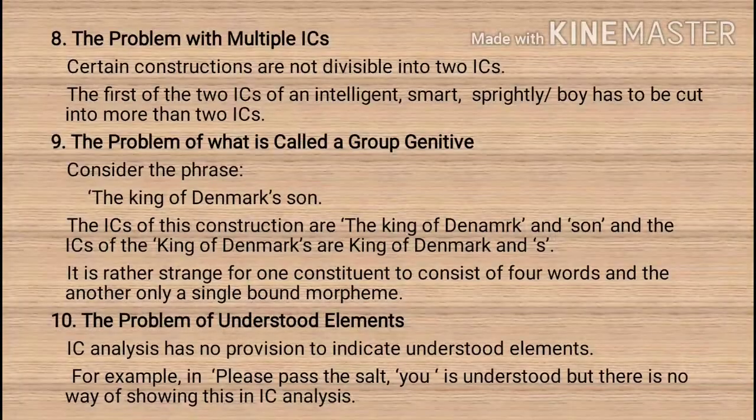Consider the phrase, the King of Denmark's son. The ICs of this construction are the King of Denmark's and son, and the ICs of the King of Denmark's are King of Denmark and s. It is rather strange for one constituent to consist of 4 words and the other only a single bound morpheme.